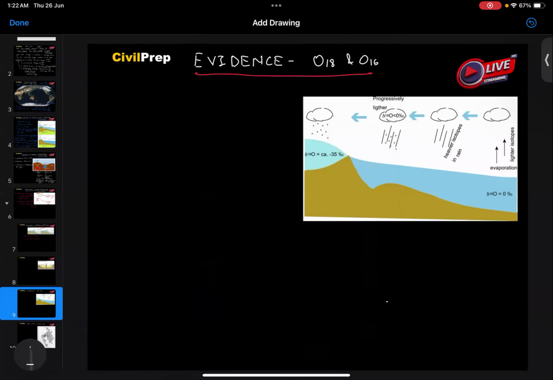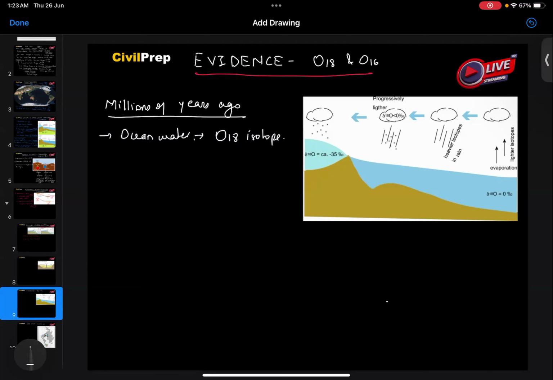Okay, so what we see here is that millions of years ago, the ocean water consisted of O18 isotope. Currently, the majority of isotope present in contemporary time is O16 isotope.